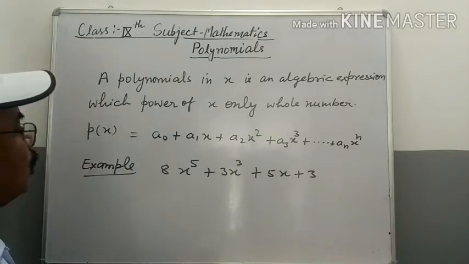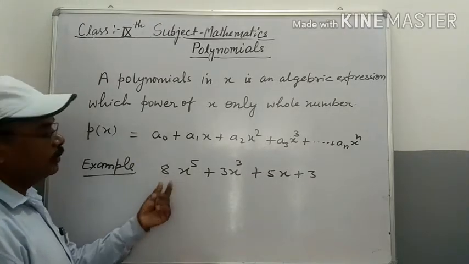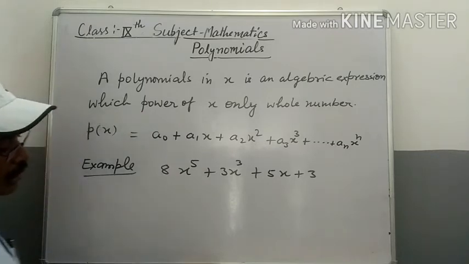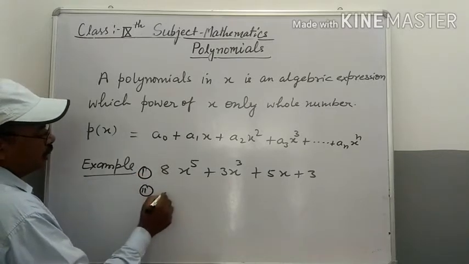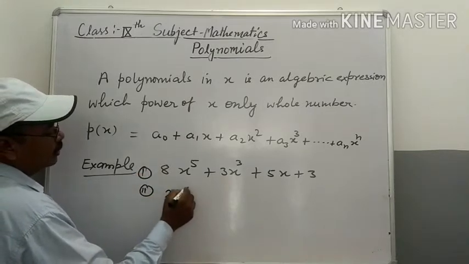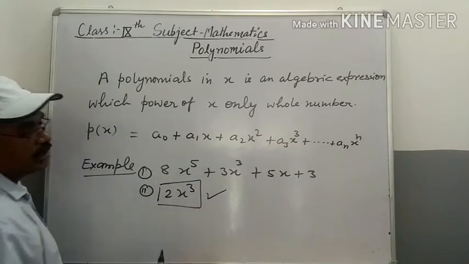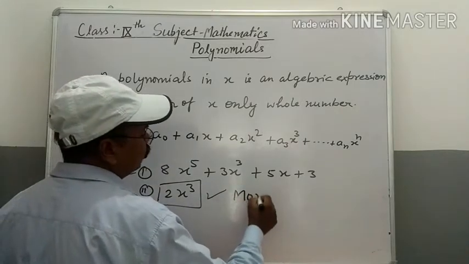Mono means if a polynomial has one term, that is a monomial. For example, next example you can see 2x cube, that is only one term, the number of terms is one, that is a monomial.